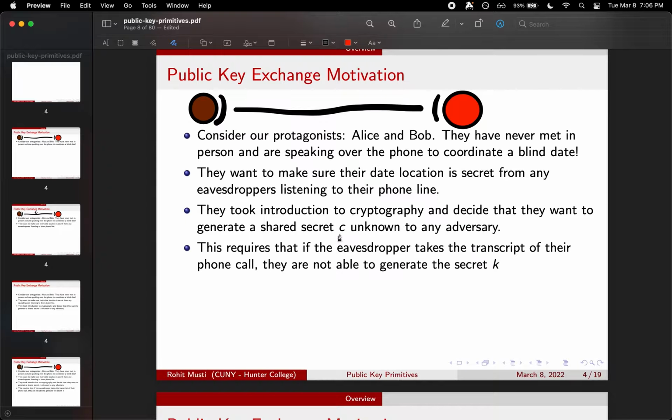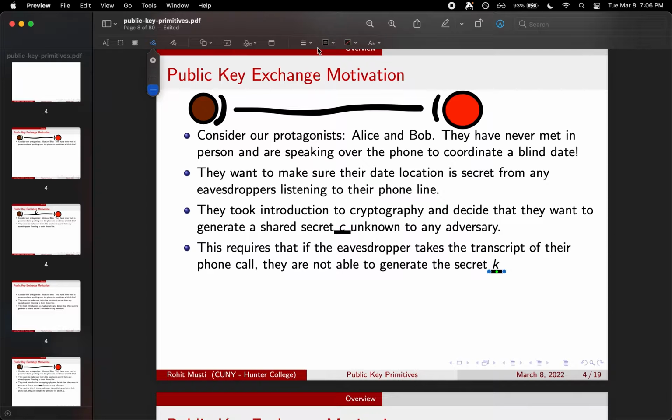And just to eliminate any confusion, here I reference the secret key C. Down here I'm referencing C, and here I'm referencing K. So C is the shared secret you use to encrypt the messages, and K is supposed to be that same shared secret. I just accidentally used different notation.